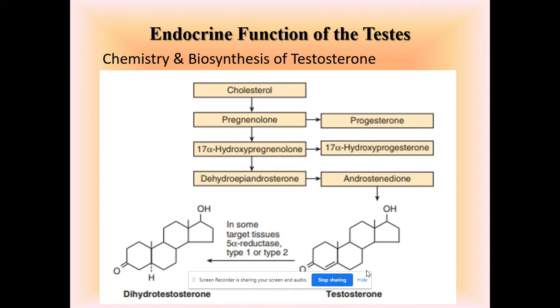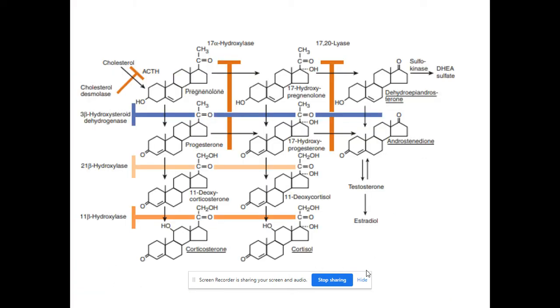It is synthesized from cholesterol in the Leydig cells, and it is also formed from androstenedione secreted by the adrenal cortex. The biosynthetic pathways in all endocrine organs that form steroid hormones are similar, the organs differing only in the enzyme systems that they contain.